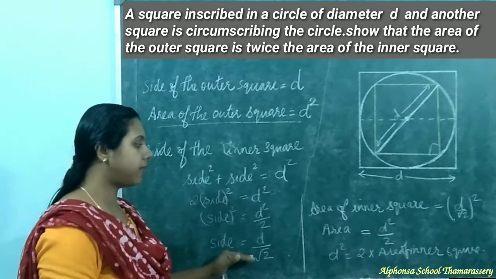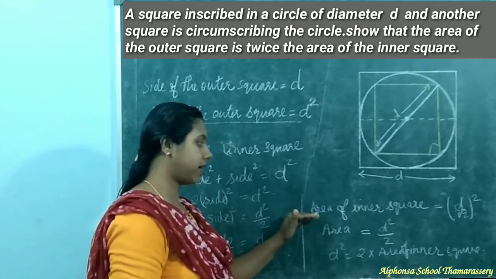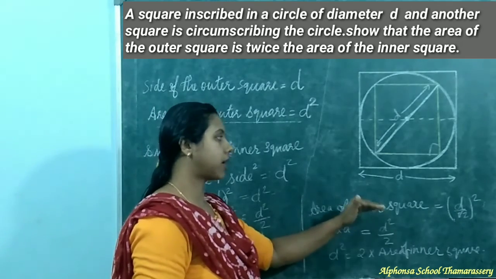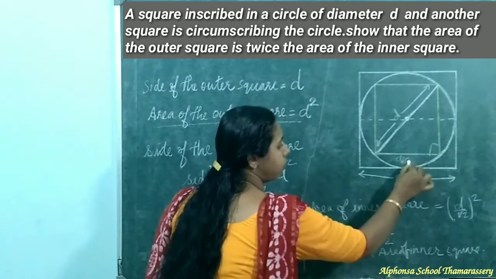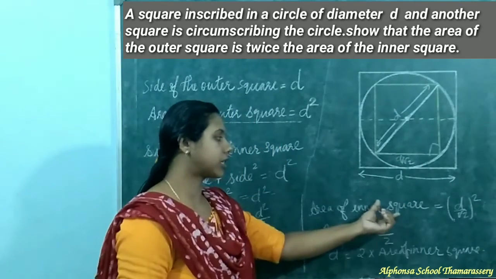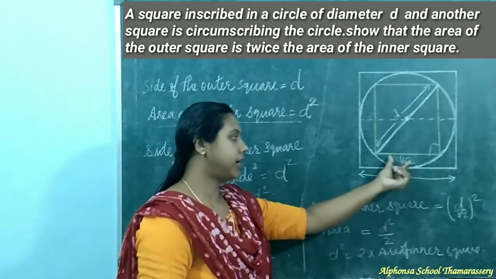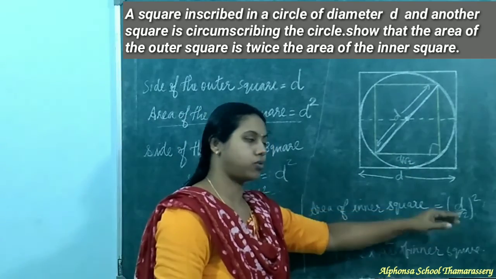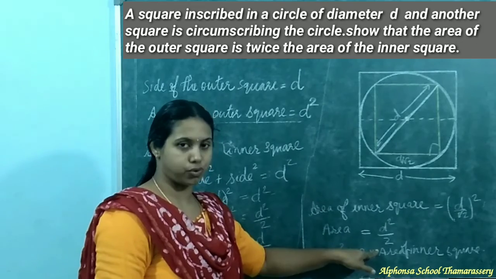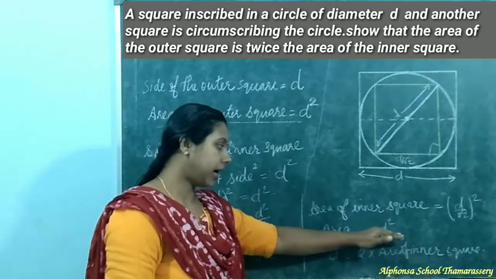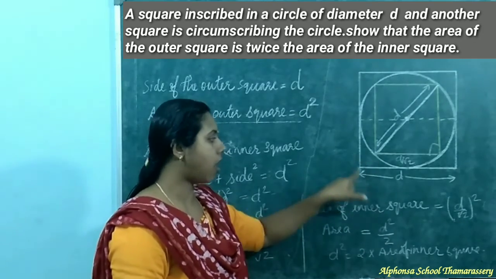If we know the side, we can find the area of a square. Area of inner square is equal to side into side. Now we know the side is equal to d by root 2. So area of inner square is d by root 2 into d by root 2, that is equal to d square by 2. So we know that d square is the area of the outer square.